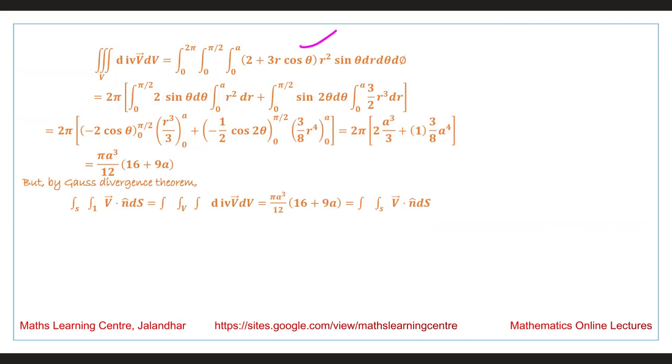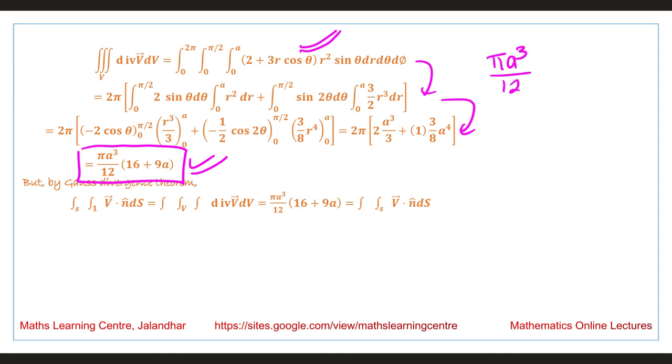We are talking about this integral. We evaluate this integral, and these calculations are shown over here. When you evaluate this integral, the answer you obtain is pi a cube by 12 into 16 plus 9a.